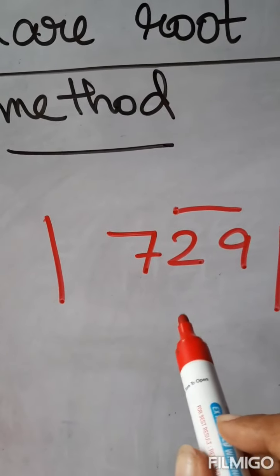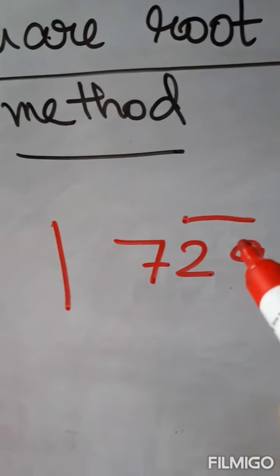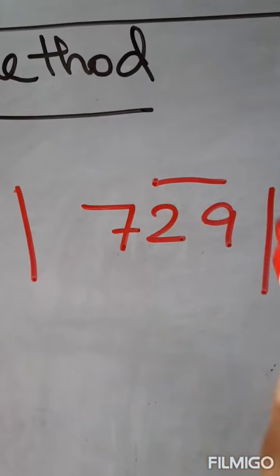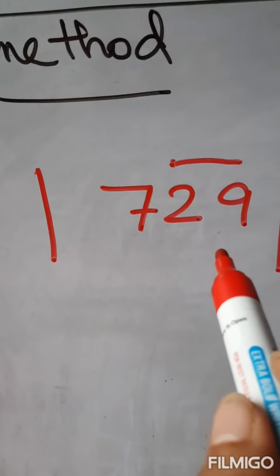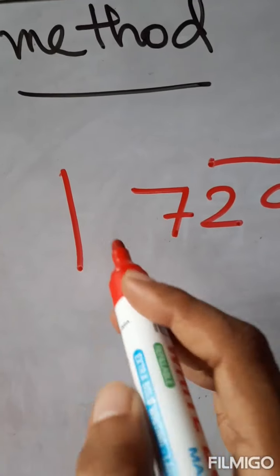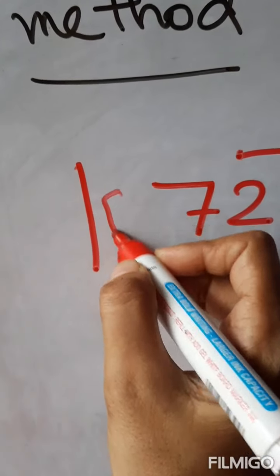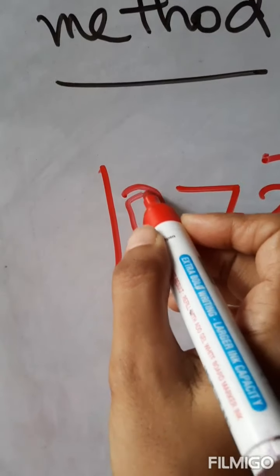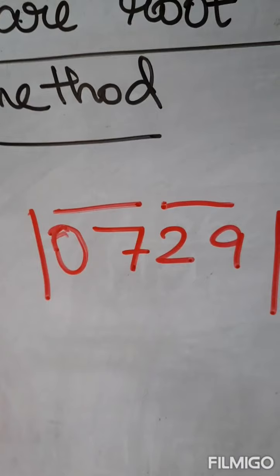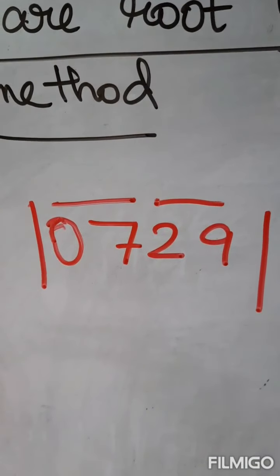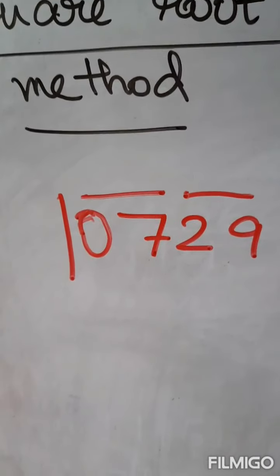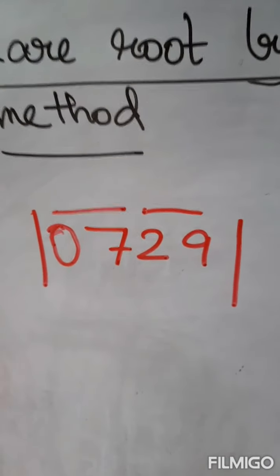So we are going to deal with 29 together. Again, 7 has no digit in front, so we can put a 0 and make it a 2-digit number. So 07 and 29 are the numbers we are going to deal with together. This is the first step.